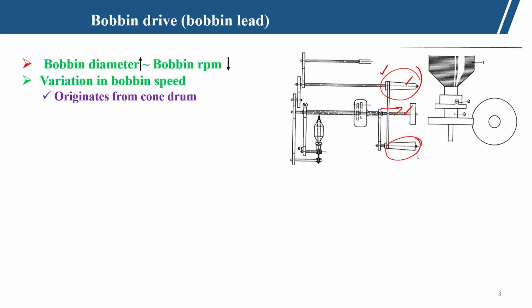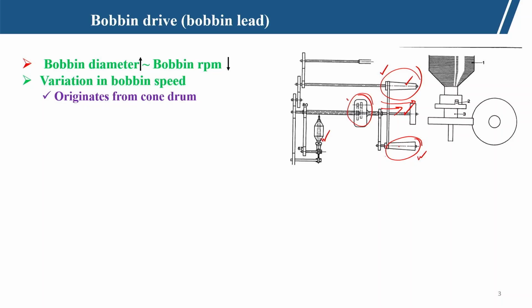That means the bottom cone drum is moving at maximum speed, and as the belt moves gradually towards right, the bottom cone drum speed gradually decreases, and this variation originates from this cone drum, and from this cone drum the bottom cone drum speed goes to the bobbin through the epicyclic gear.